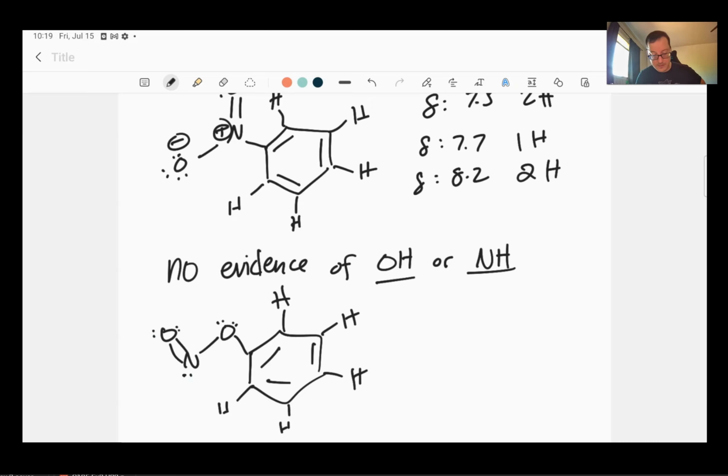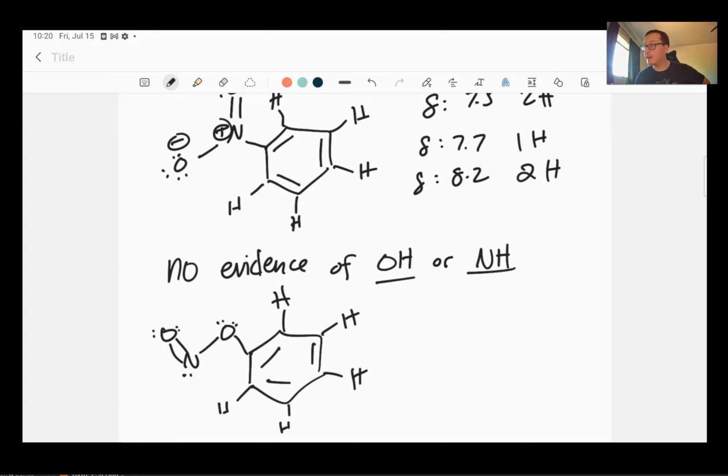I would accept this as an answer, although it is less common. This is not a normal functional group you see on benzenes, but technically, if you arrange them this way, it would still work with the data we have, because there are no carbons or hydrogens as part of that nitro group, or the NO2, whatever form it happens to take. So that would be okay as well.